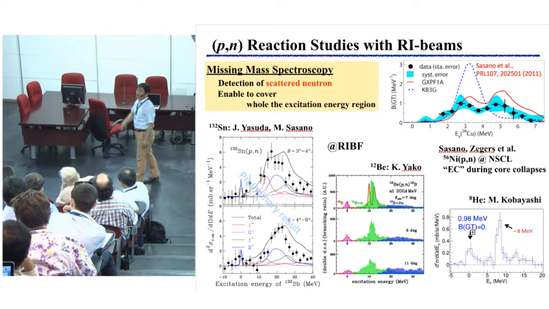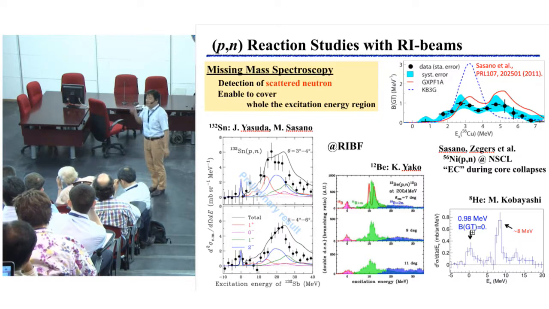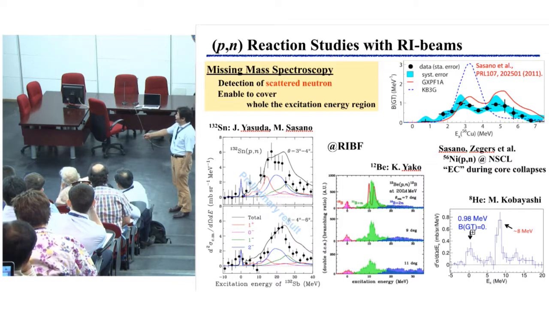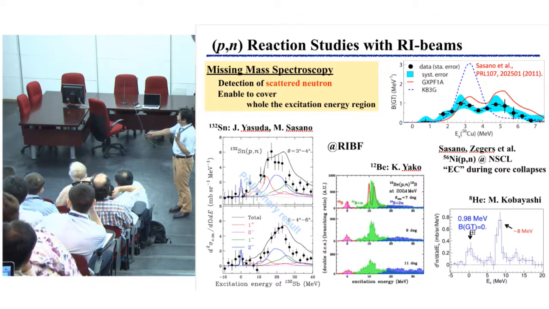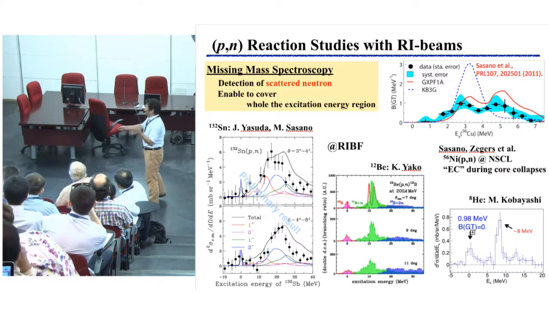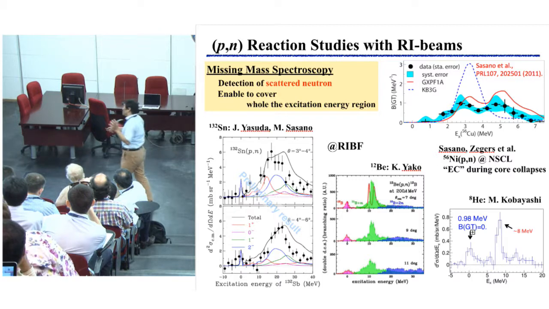The pioneering work was made at Michigan State University by Sasano and Perdikakis, and they looked at spin-isospin response in nickel-56, which stays in the core of a supernova explosion, and they concluded that the electron capture rate could be slower than expected from the measurement.